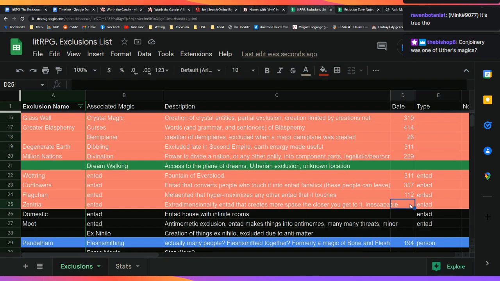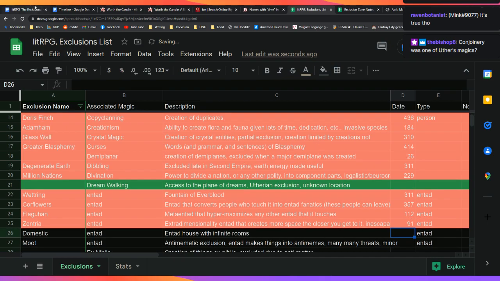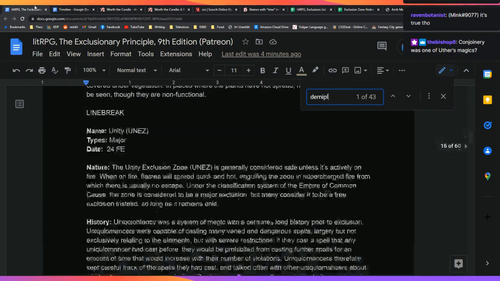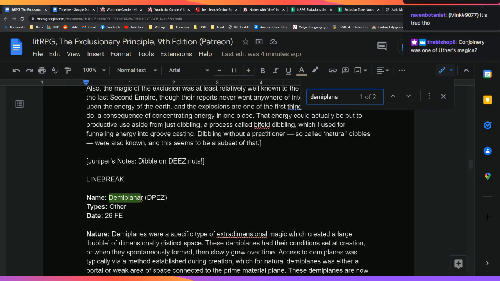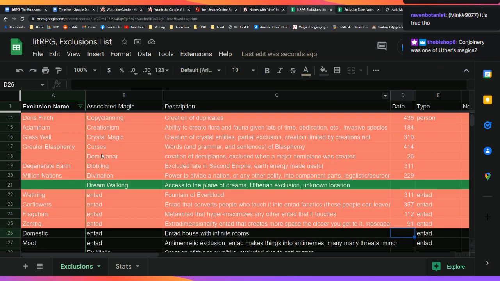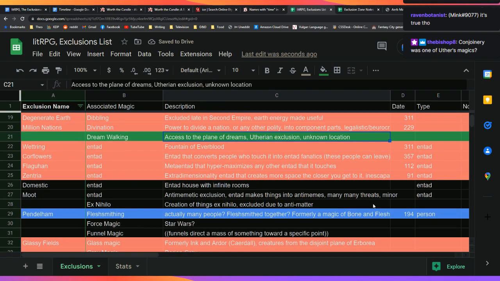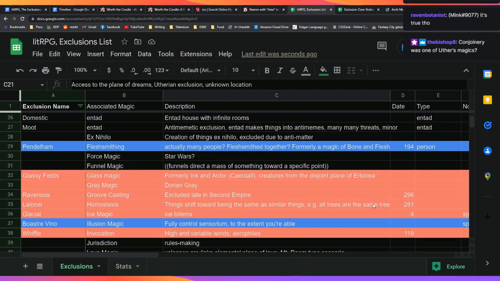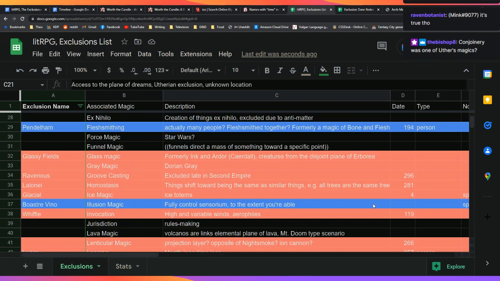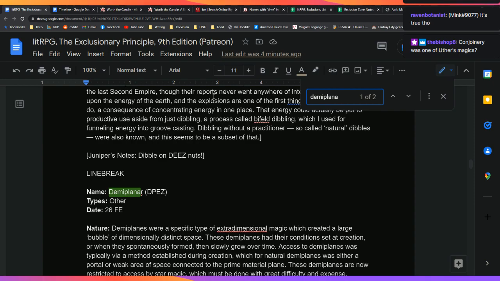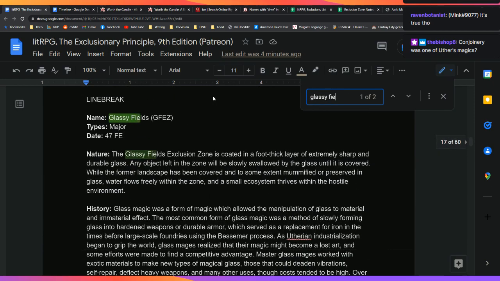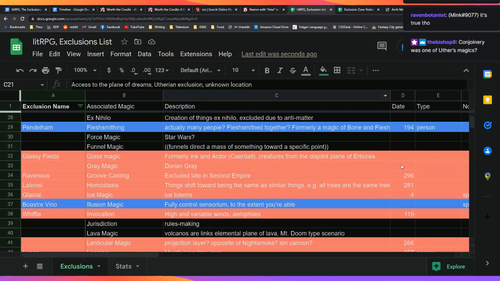Zentria is 91. Ooh, demiplanar. Demiplanar is just called demiplanar. Sure. I'm trying to make sure that everything in here is up to date and matches the actual doc, because this is the kind of thing that sucks to do later. 47. I mean, in theory, it sucks to do now, but.